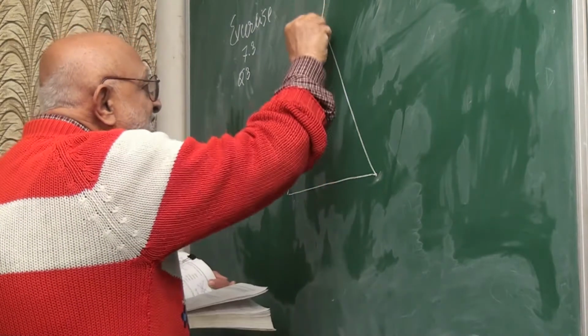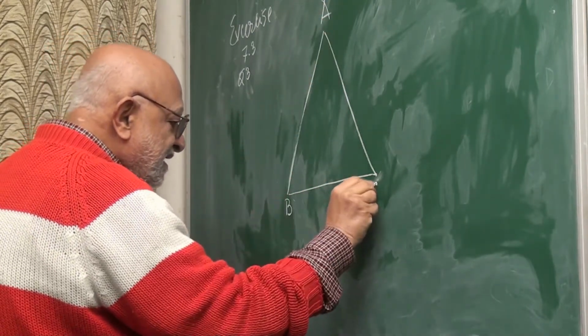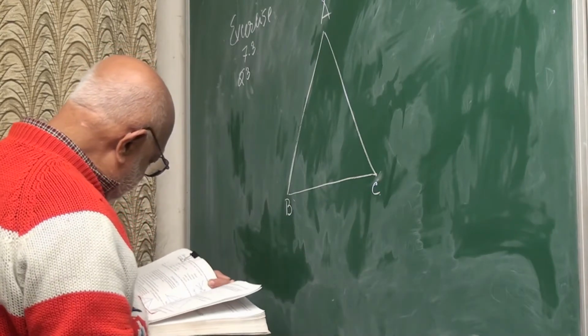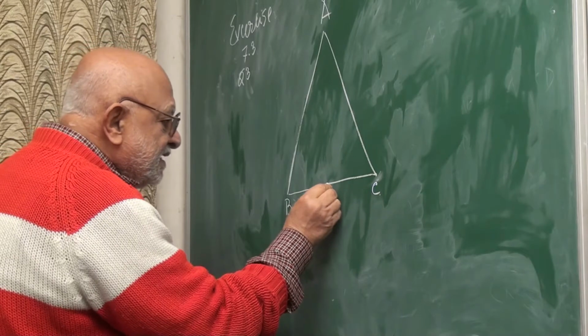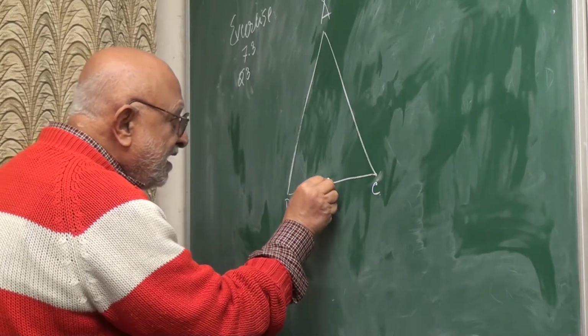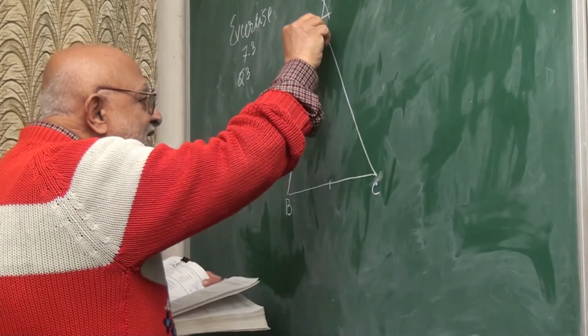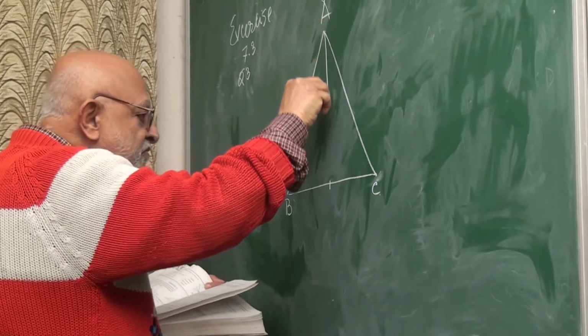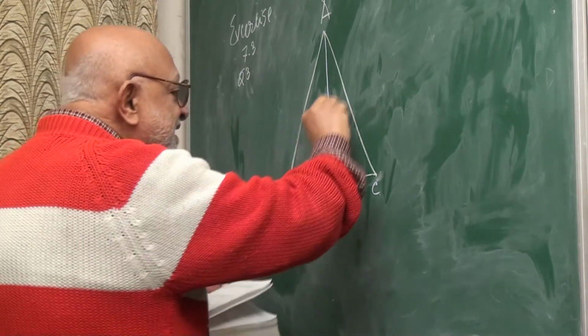So this triangle ABC, and it says median. Now, what is median? You take the point joining the other apex with the midpoint of the other side. So what is median?